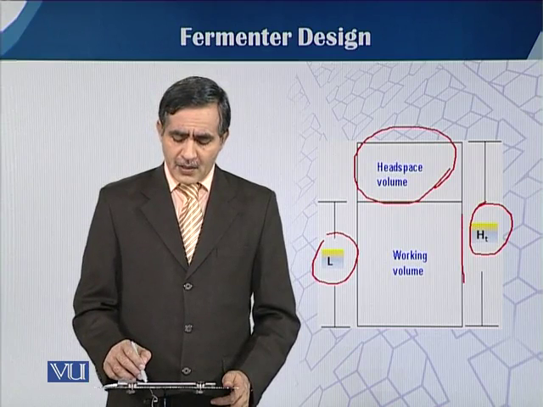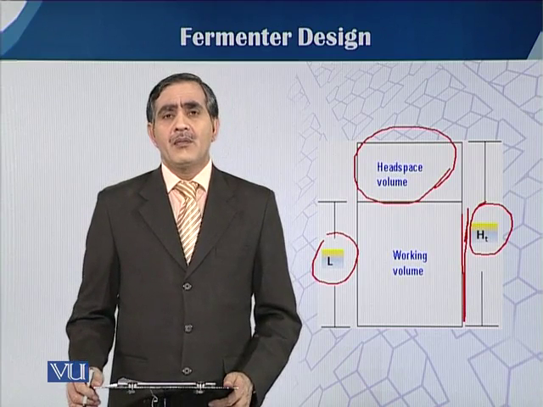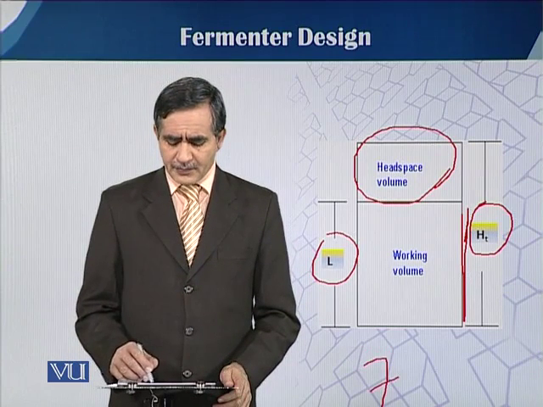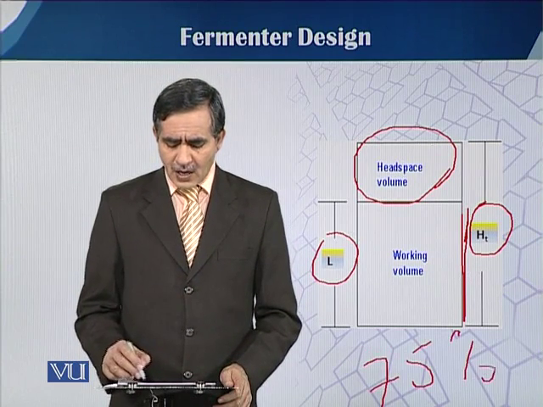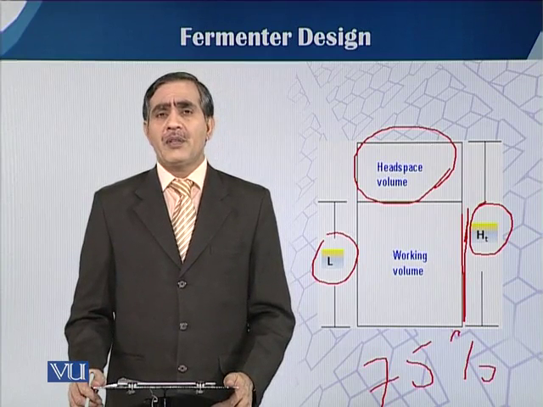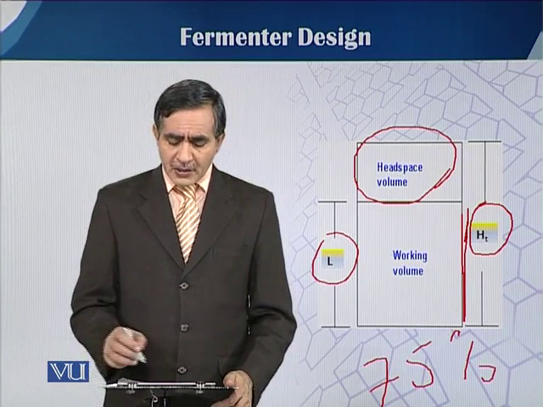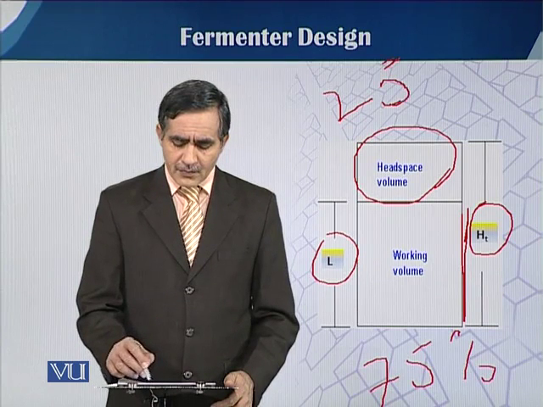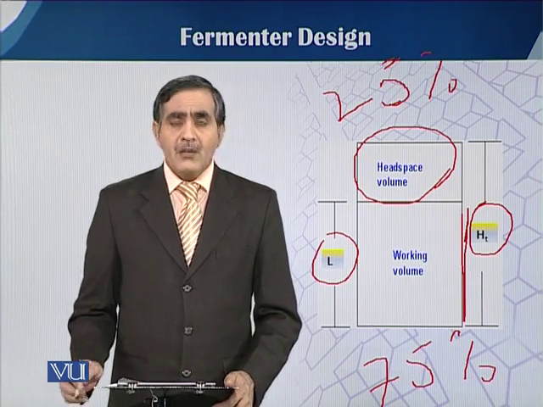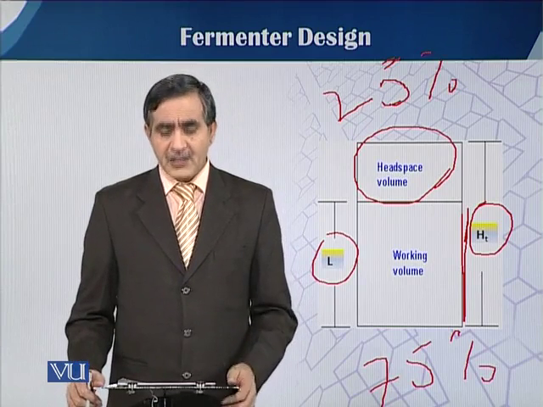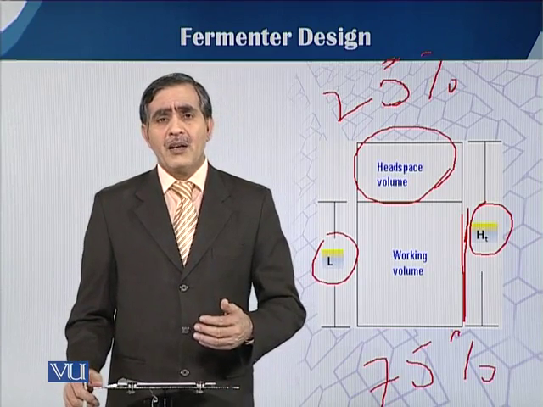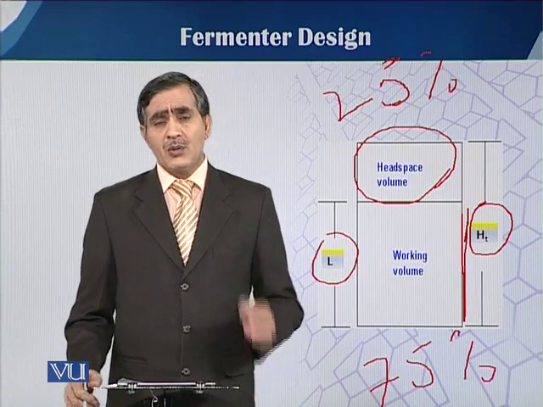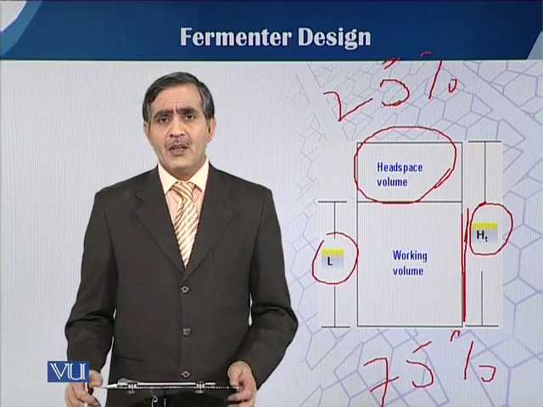In straight fermentation, we can use 75% of the total volume of the fermenter. The remaining 25% will be the head space, which is required for antifoam addition, for gaseous exchange, etc. So the head space is very critical.